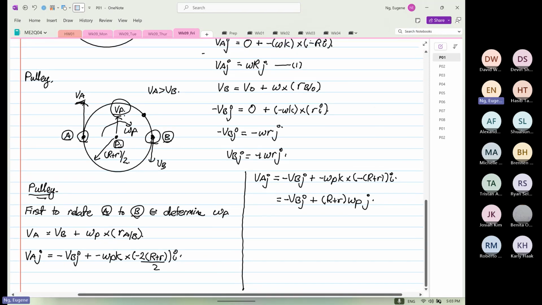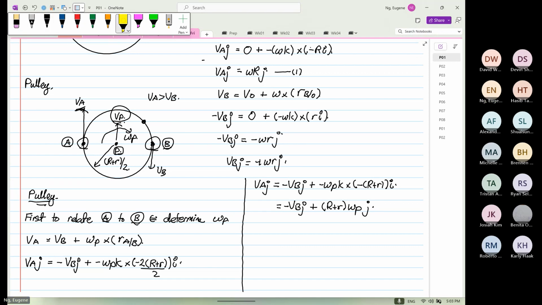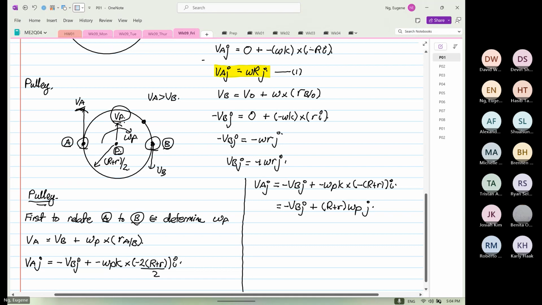So from here, we can start putting in our values, okay? So we are aware that VAJ is equal to omega RJ, right?